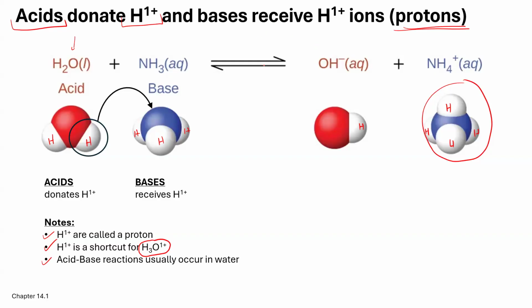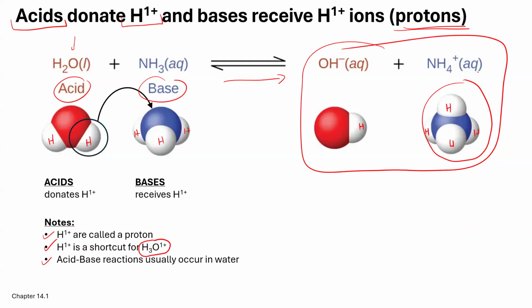So the water was the acid, and the ammonia, NH3, is the base, because the acid gave the proton and NH3 received it. The reaction happened, and ammonia is now an ammonium ion, and water is now a hydroxide ion because it lost the hydrogen, giving it to the NH4+.